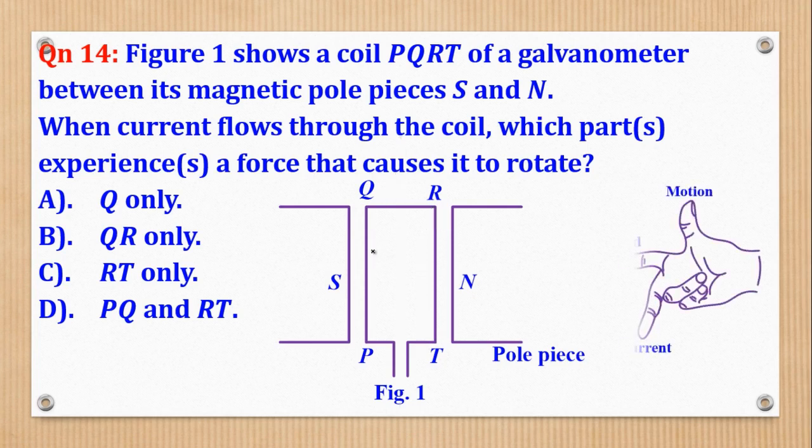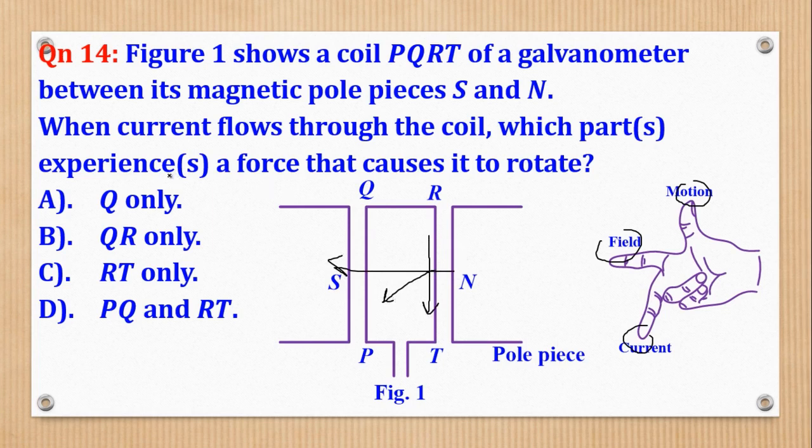For that to happen, we have to use Fleming's rule, where one is motion, another one is field, another one is current. Now the field is already here, the current will be already here, and therefore the motion will be this side.